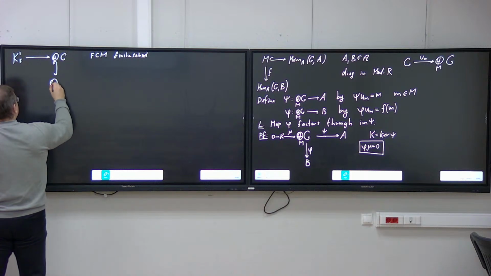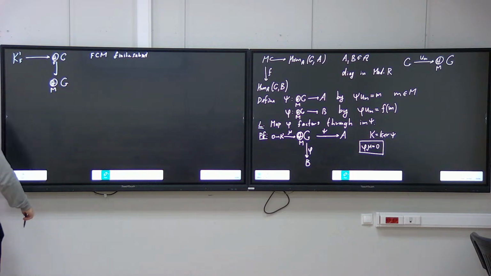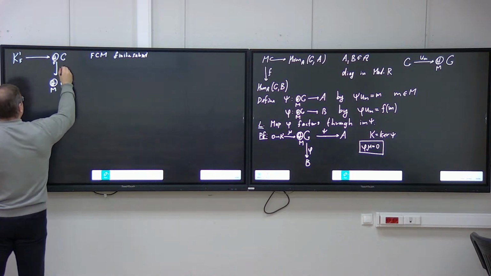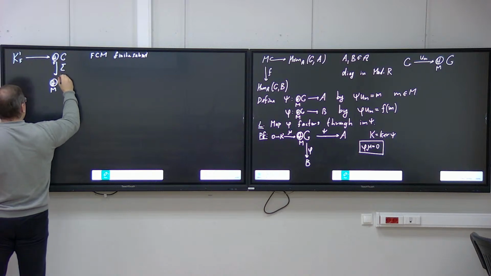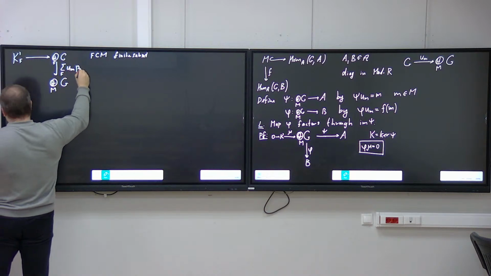So then there is of course a map to the direct sum of the G. I'm going to use notation for this map, the sum, again taking over the finite set F, of UM, PM.